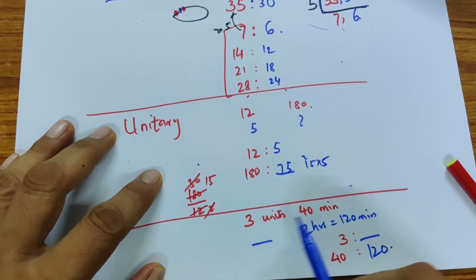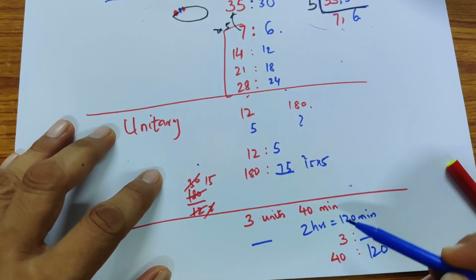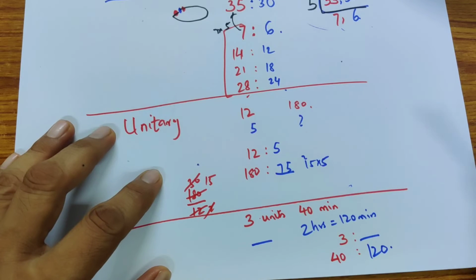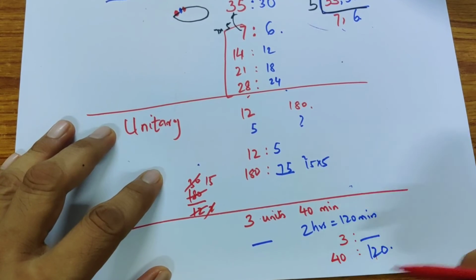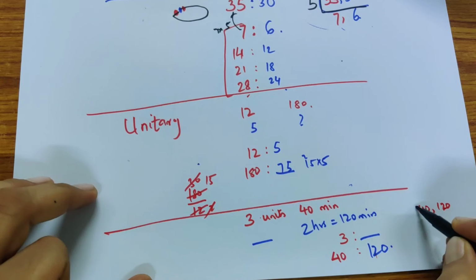Okay, another question: 3 units of power in 40 minutes. How many units of power in 2 hours? 2 hours is 120 minutes. So that is 3 is to 40 is what is to 120. Now because the number is becoming smaller, the first thing you should have done is, okay, 40 and 120, I remove the common factors and find out what is the core. Right?